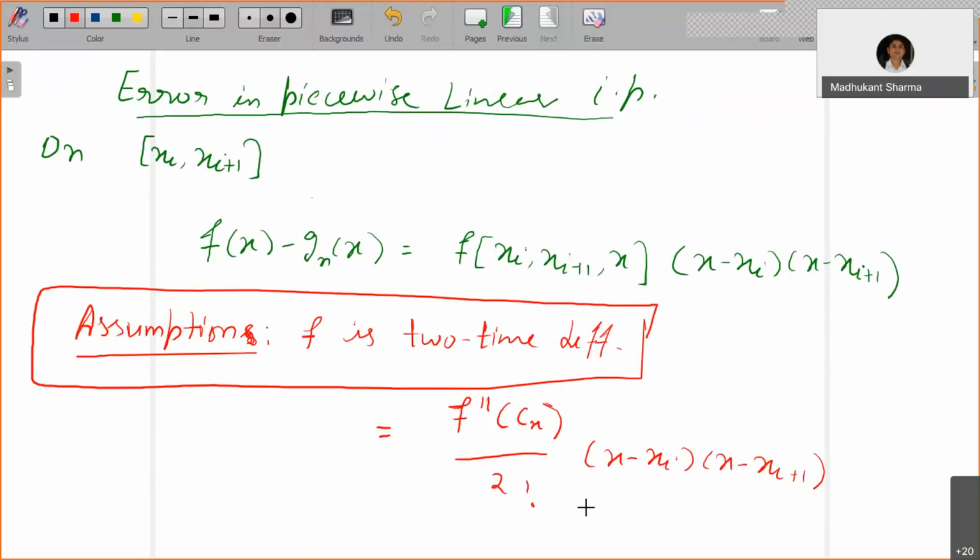We have already worked on this, so the application of Rolle's theorem gives us this.